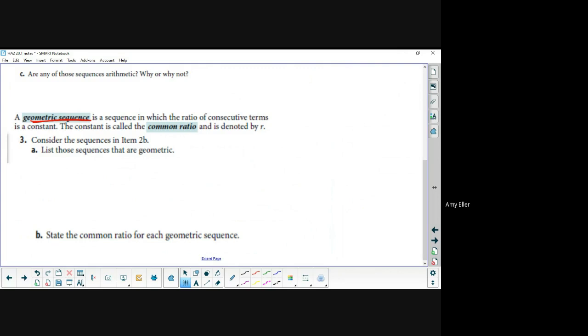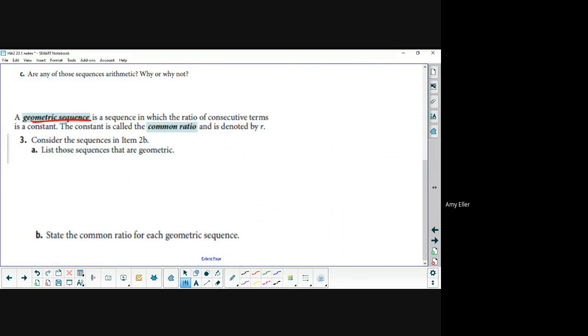Let's write a recursive formula. This is all the way at number 9. It says, use the expression from item 4. You don't really need that necessarily. Use the expression from item 4 to write the recursive formula.